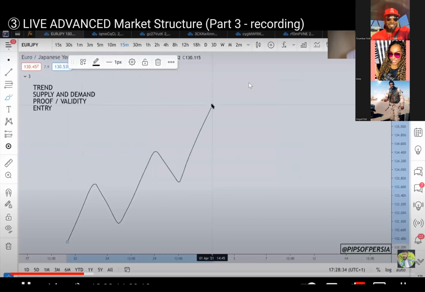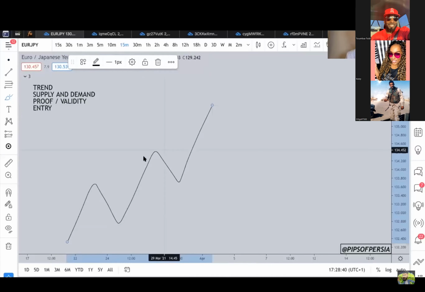Easy stuff, phenomenal. Then I want to look at those areas of supply and demand. What I mean by that is the same areas that we started to highlight. Those are now areas of supply. These are now areas of demand. But naturally, if I'm looking at a bullish trend and I know I want to buy, I'm going to care about the areas of demand, not the areas of supply, right?